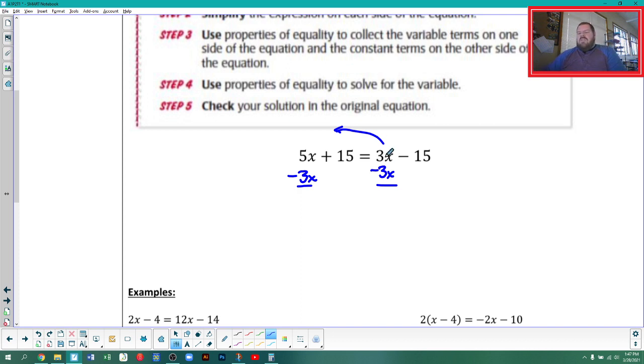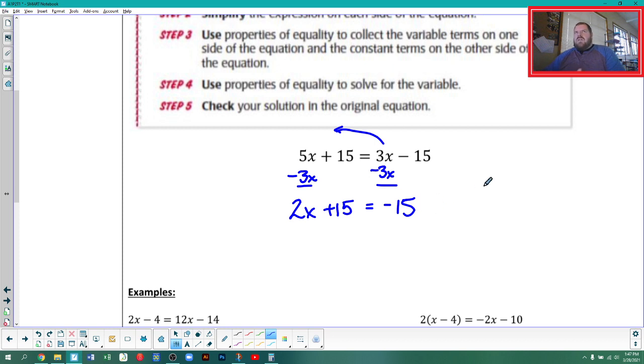In order to move it over there and keep everything balanced, I have to take it away from this side, so I also have to take it away from this side. 5x minus 3x is going to be 2x. And so now I'm looking at 2x plus 15 is equal to negative 15.